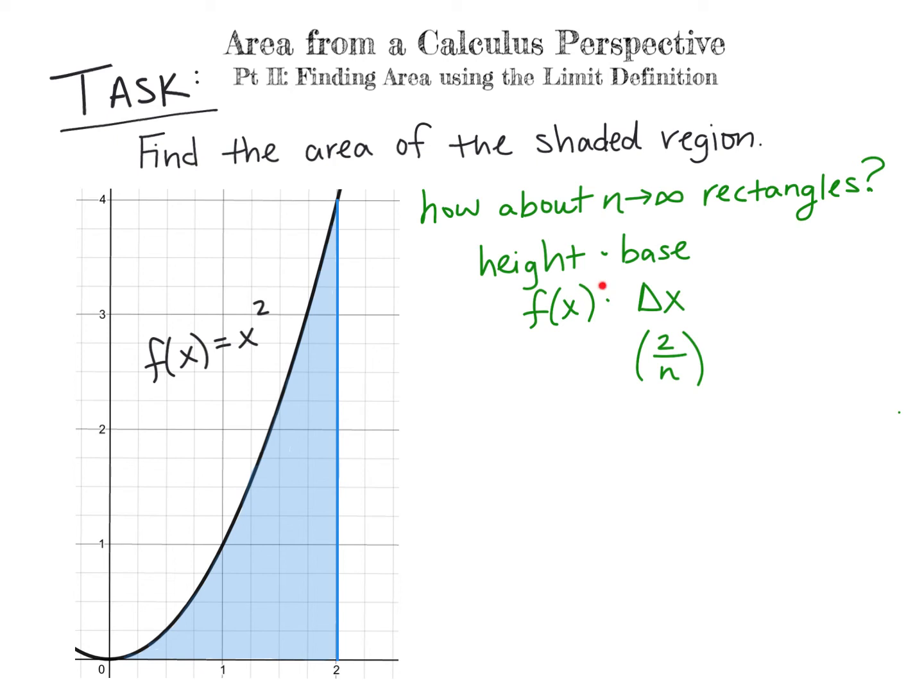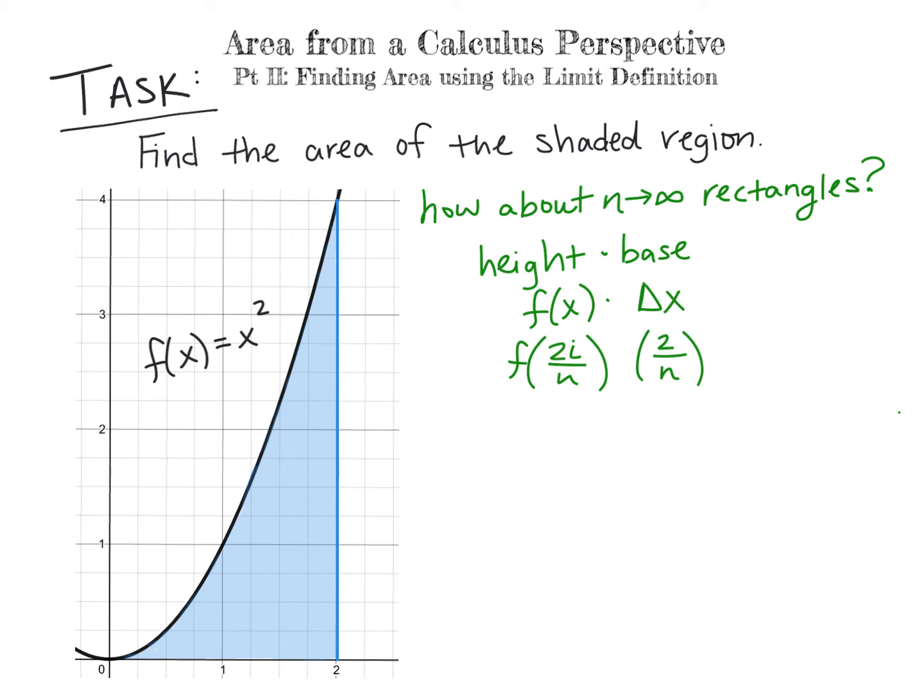Awesome. Now let's think about what f of x would be, or specifically what this x value would be. Before, it was just the delta x length multiplied by i, where i went from 1 to whatever, either 4 or 8. So, in this case, we'll follow that pattern, and it's going to be f of 2i over n.